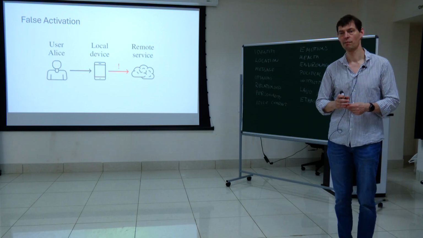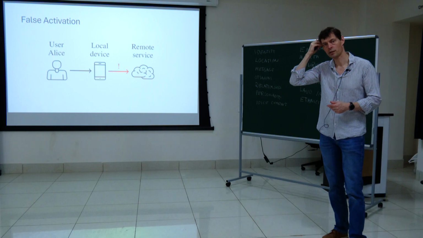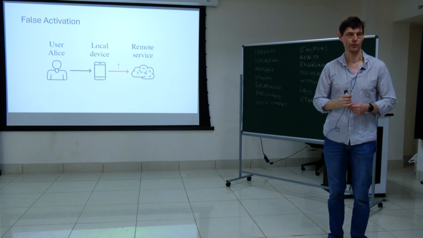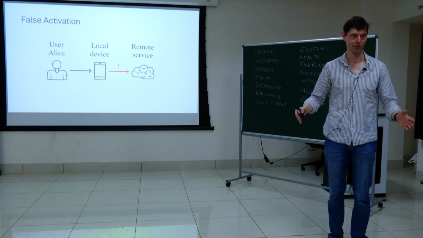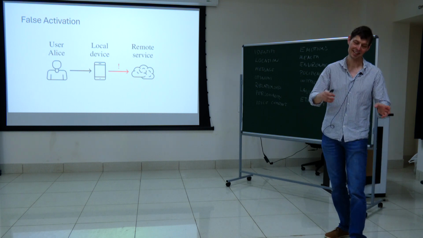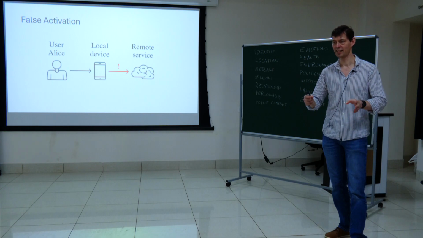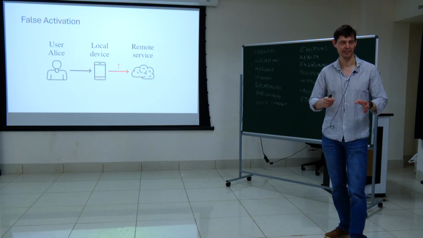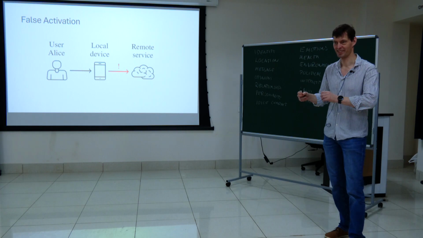But perhaps a more entertaining example is that some years ago there were news stories that some kid had mistakenly bought a dollhouse through Alexa. That's a real problem, that kids can sometimes buy things through Alexa. And this was in the news, on the TV, and they said on the TV that this kid said, Alexa, buy me a dollhouse. And this was played in hundreds of homes around the US which had Alexa at home.